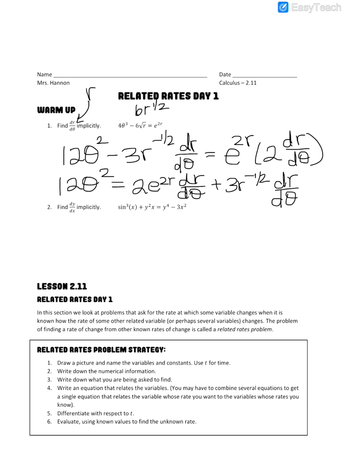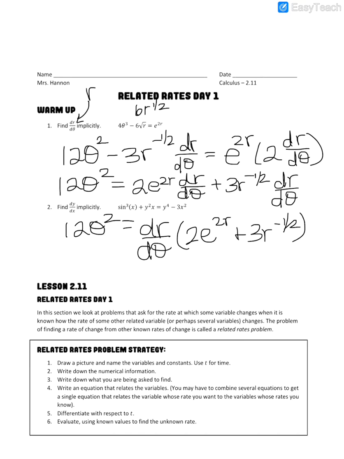Okay, next we're going to factor out the dr d theta. I have to take up some extra room here because I can't write small on this. Okay, and then we're going to divide both sides by the 2e to the 2r plus 3r to the negative 1/2.